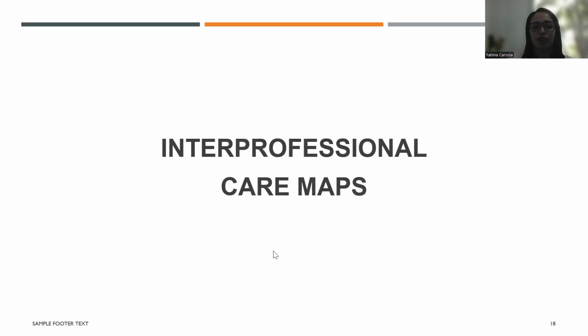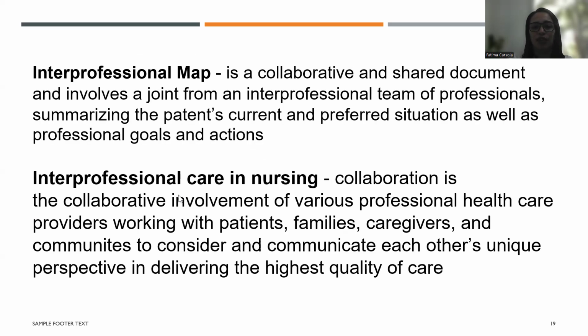So for the interprofessional care maps, it is a collaborative and shared document that involves a joint interprofessional team of professionals summarizing the patient's current and preferred situation, as well as professional goals and actions. So this might be how you would deal with the disease of the patient, where to refer, who will be the doctors who need to attend to the patient.